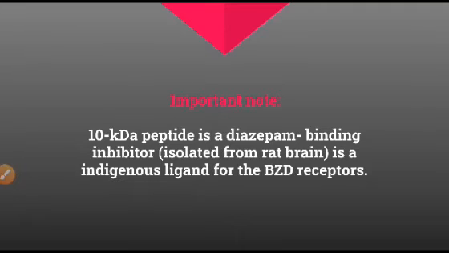This peptide strongly binds to the benzodiazepine binding site of the GABA-A receptor and has the opposite effect to benzodiazepines. That is, it inhibits chloride channel opening by GABA and has anxiogenic and proconvulsant effects. So remember the name of this 10 kDa peptide.